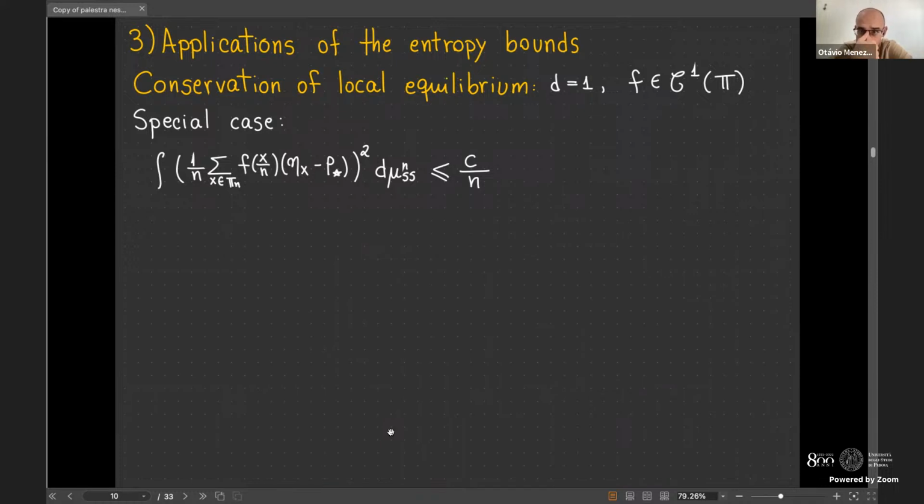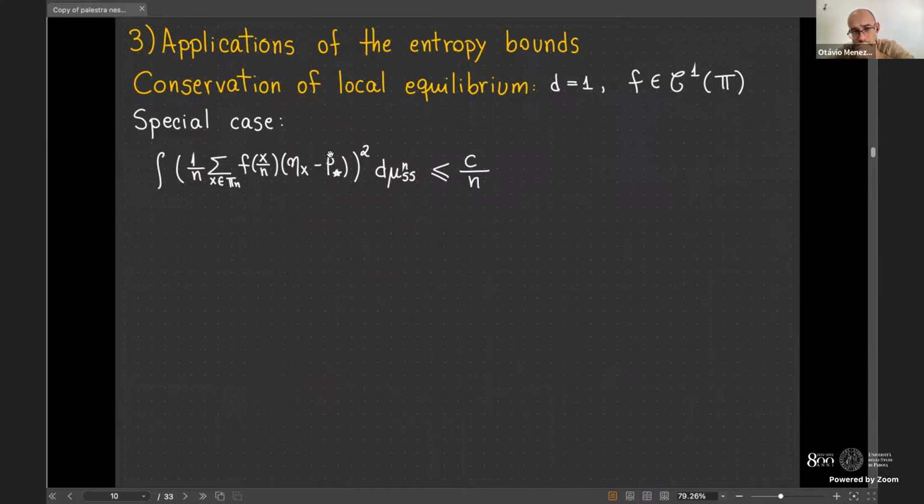So let's stick to d equals 1. And one thing we could do is to look at the occupation of a site, eta x. It tells you if there is a particle there or not. We center it, not by the actual expectation, but by the guessed density.